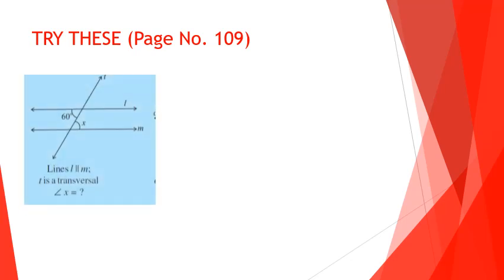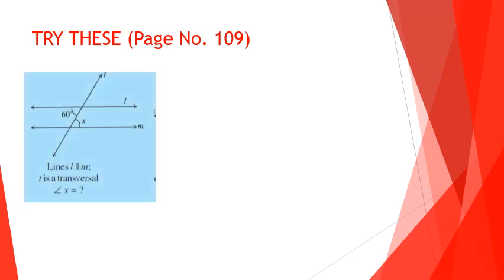Next is try these questions of page number 109. Here it is given L parallel to M and T is the transversal. What is the measure of angle x? Look at the figure and identify which pair of angles is given.